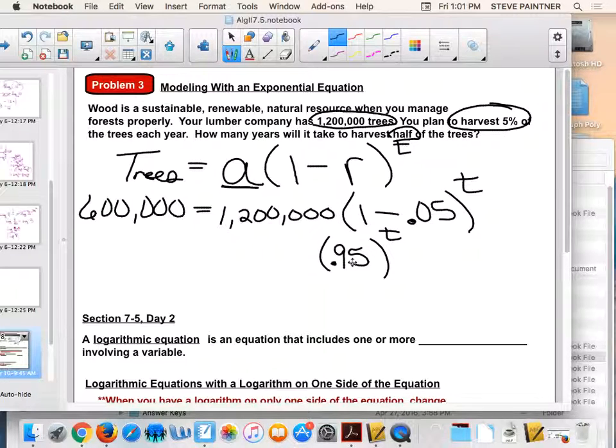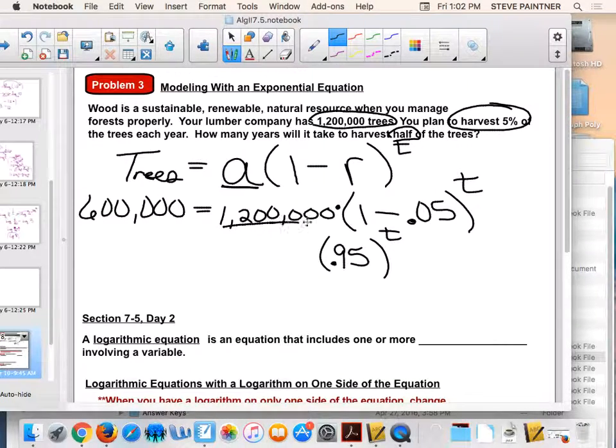Equals this. But wait a second. I thought we said we have to have this look: B to the CX. Well, here's your B. Here's your X. This is your variable. The C is right here. It's 1T. We got to get rid of this number, 1.2 million. Yeah, it's multiplication.